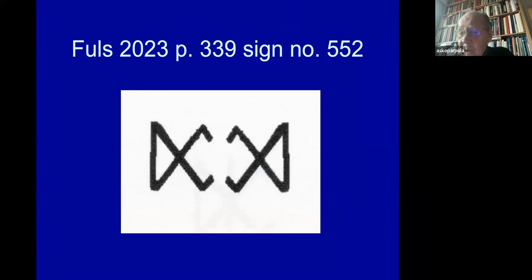In the case of Wells Fuls sign number 552, the two signs taken as one are not identical, but both occur also separately. I close this talk by suggesting what these abstract-looking signs may depict.